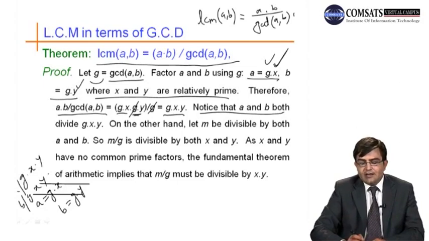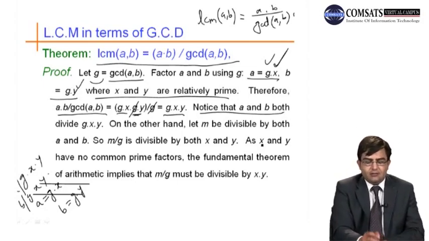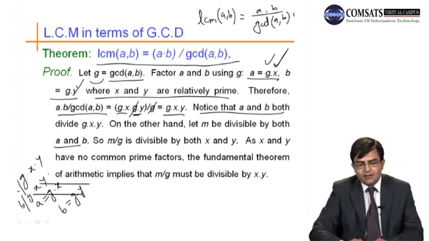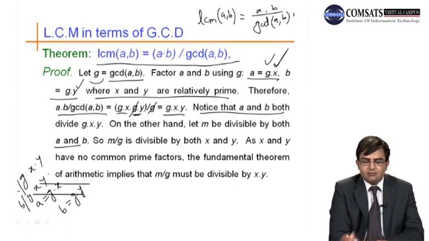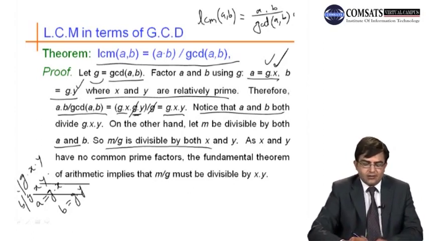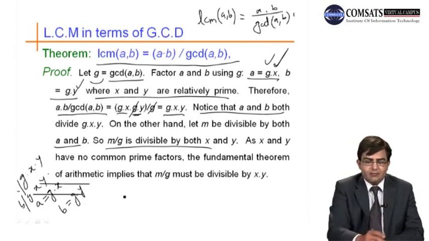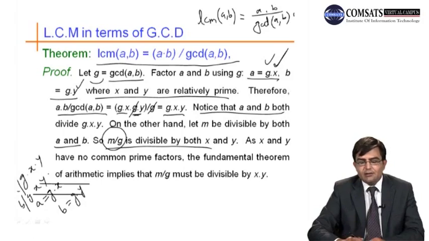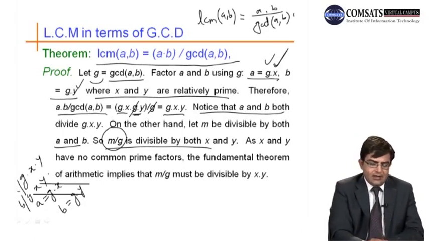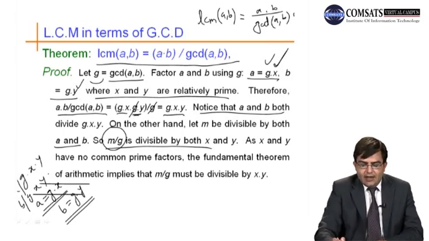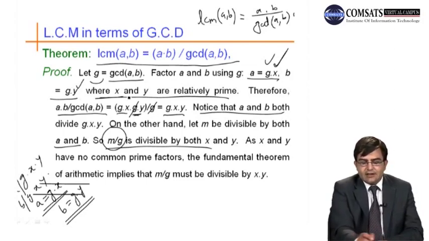On the other hand, let M be divisible by both A and B. We take another number which is divisible by both A and B. So M is divisible by A and B, and A and B are divisible by G. So it is obvious that M divided by G is divisible by both X and Y, because A can be written as G into X and B can be written as G into Y. As we have discussed, X and Y are relatively prime, so they don't have common prime factors.